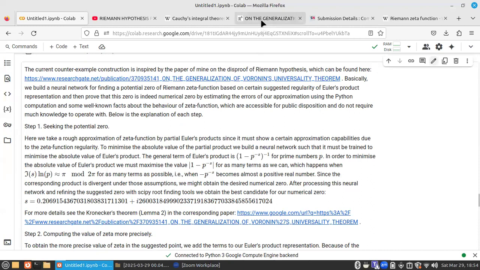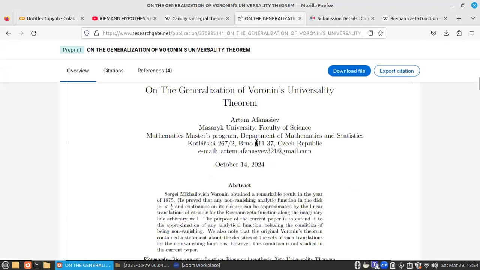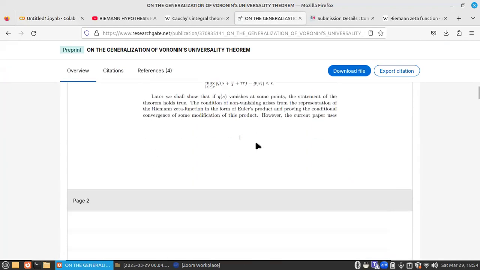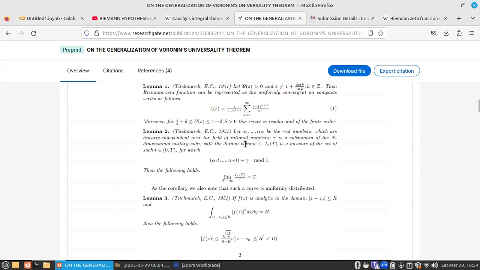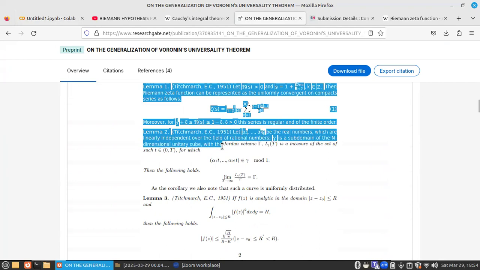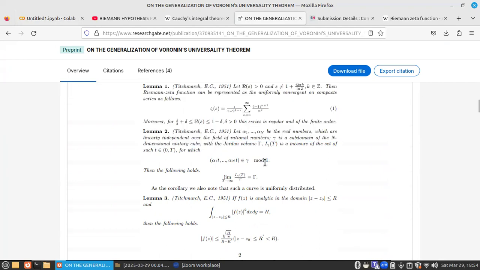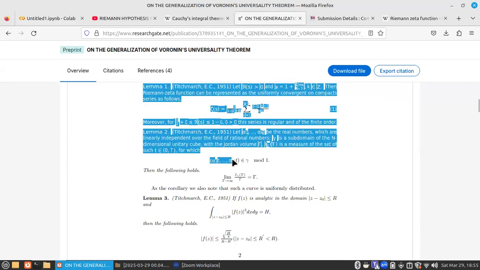So we know that we shall always have something like that due to lemma 2, which says that if the multiples are linearly independent with respect to the field of rational numbers, then we've got this.